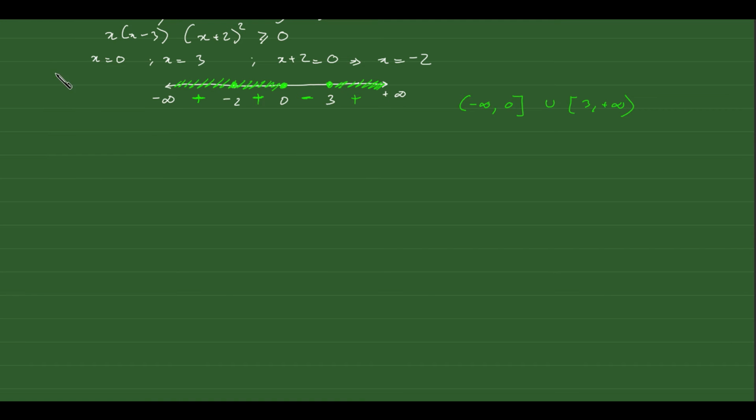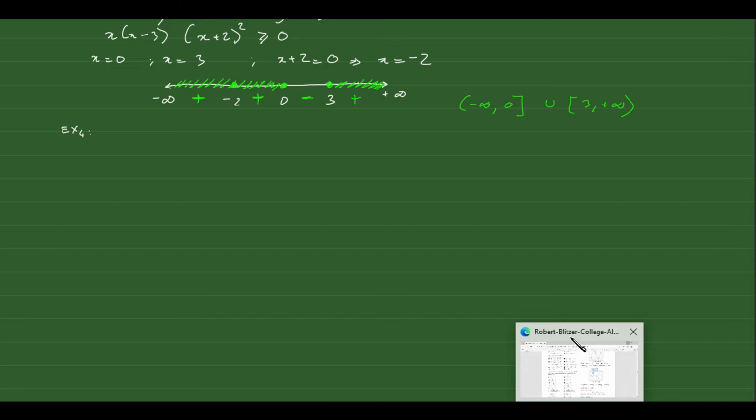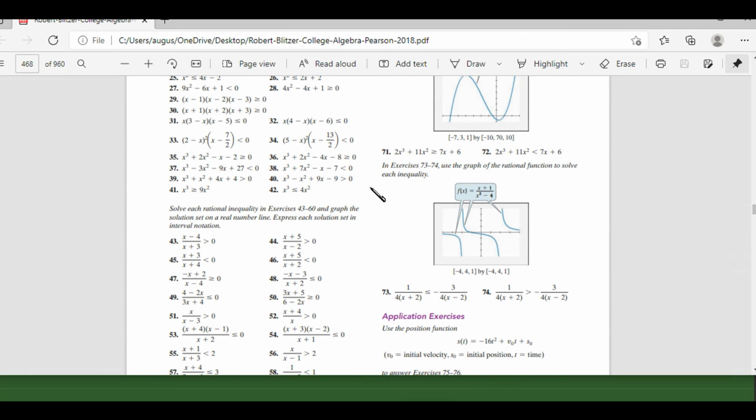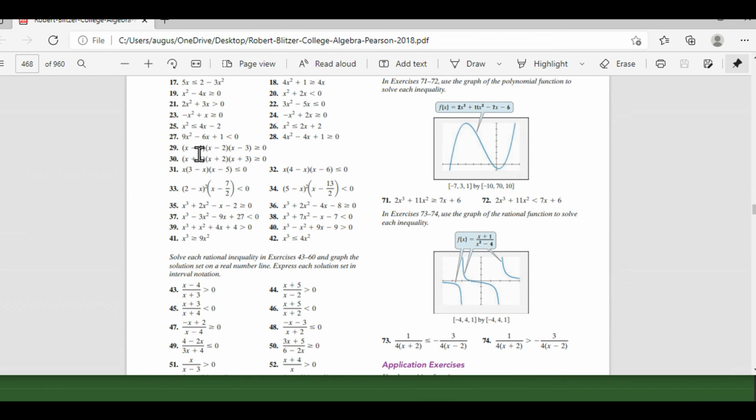Example number 4. Let me see, I can pick one of the problems in the textbook. Oh, how about this one? Next, it's interesting right here.